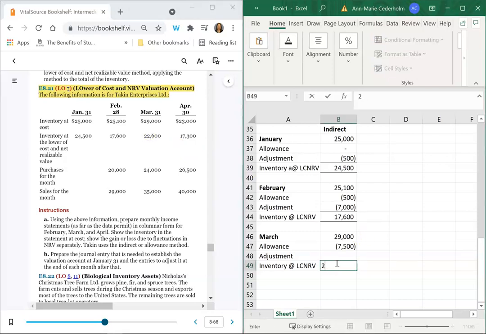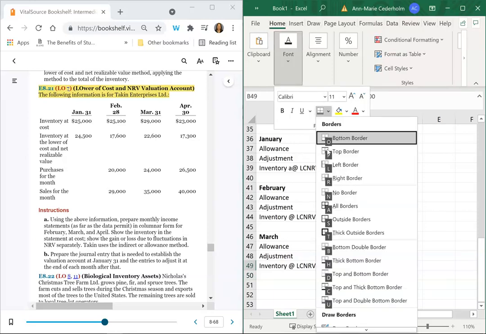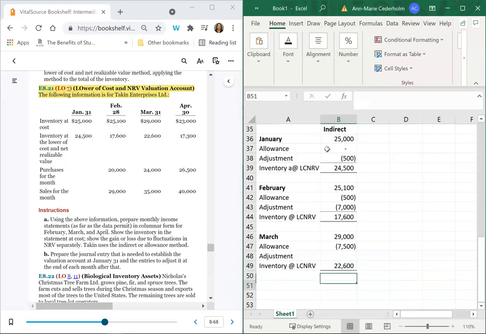That's the lowest. So remember, we're only writing it down to either the lowest in the inventory cost or the lowest in the net realizable value. So in all of these situations, it just so happens that net realizable value is the lowest. So that means I have to adjust for $1,100.